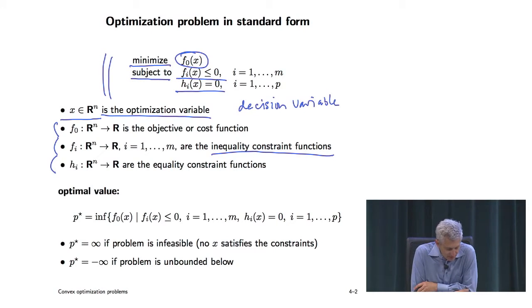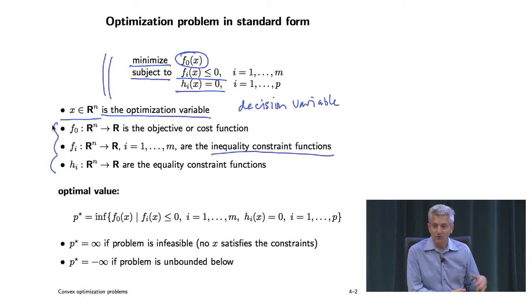And although we'll see many, many examples, I can say a little bit about where some of these things come up. Usually f0 is an objective or a cost. In any case, it's something that you want to make small, and you're happier the smaller it is. The inequality constraint functions fi often have to do with something like a resource limit. This tells you something about a resource limit, or really how much under the resource limit you are, the capacity.